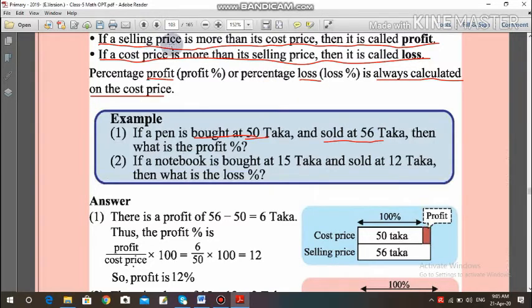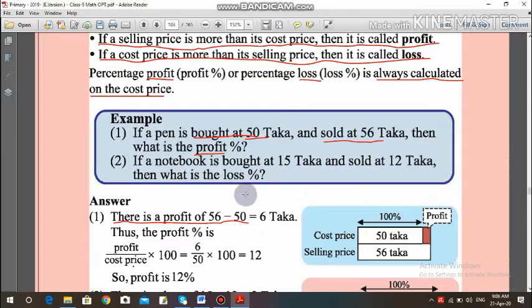Here selling price is 56 taka, which is more than cost price, so there is a profit. See the solution. There is a profit of 56 minus 50 is equal to 6 taka.